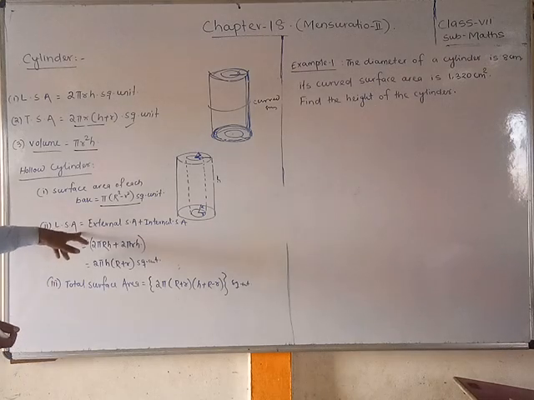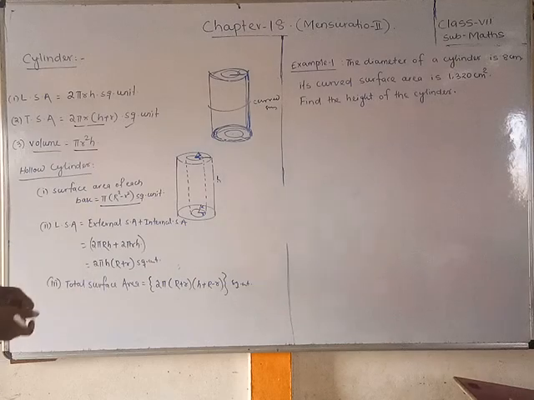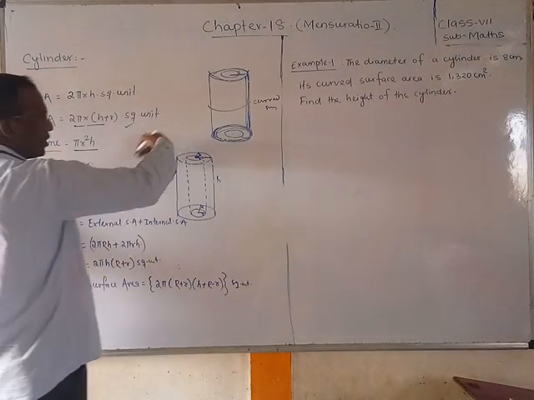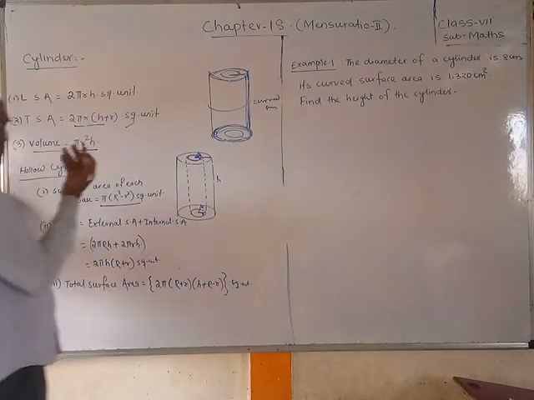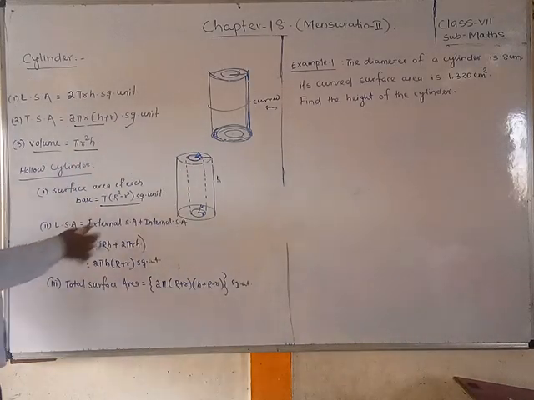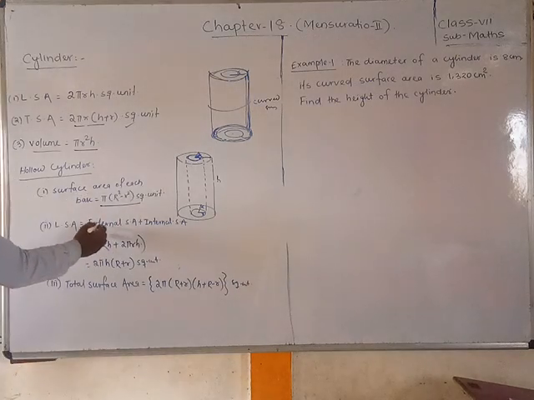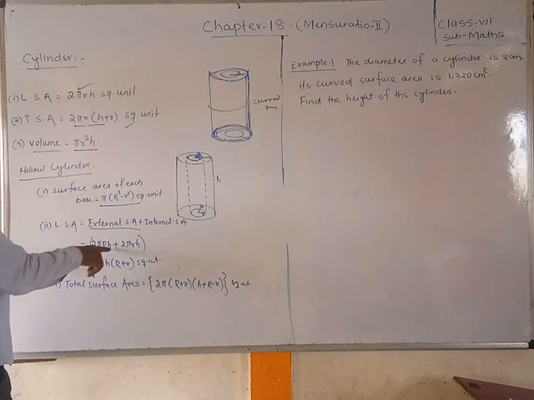The lateral surface area is equal to the external surface area plus the internal surface area. External means the outside, and internal means the inside cover. If you add both, we get the lateral surface area of a hollow cylinder. The external surface area we already found is 2 pi r h.